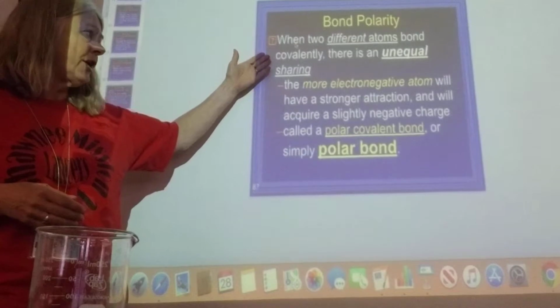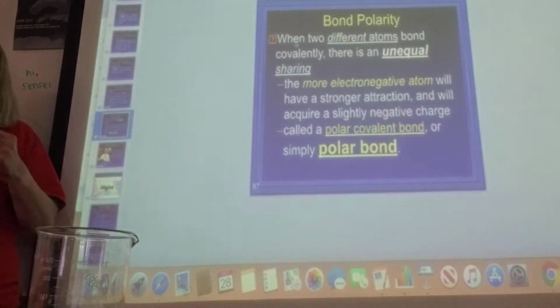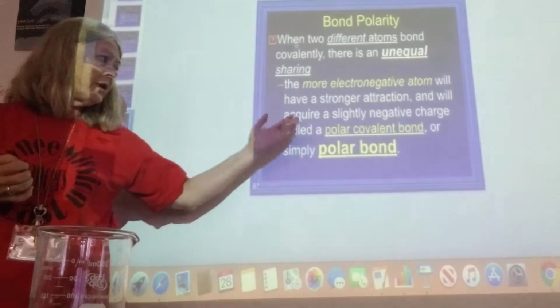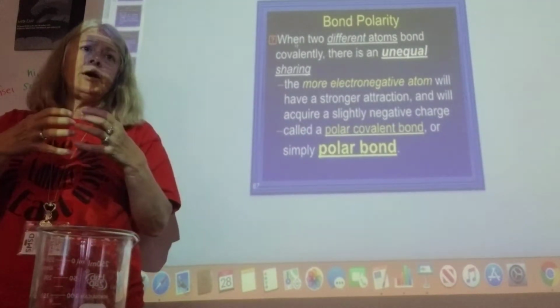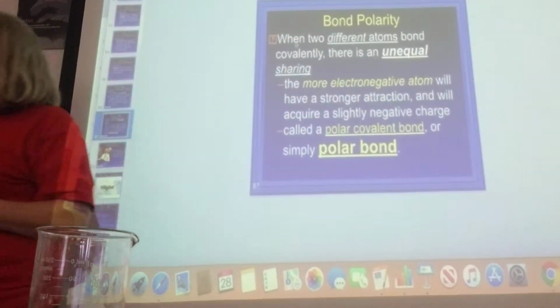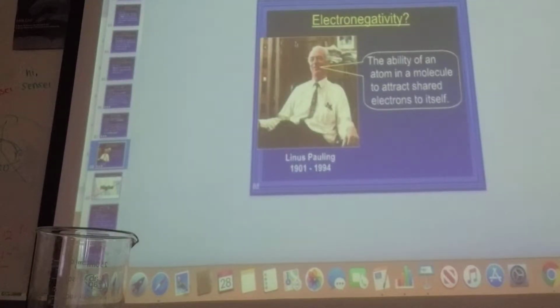The element that has the higher electronegativity pulls that shared pair closer, and it creates an area of electron deficiency and an area of electron surplus that gives us a partial positive and negative charge. And we call that a polar bond. Cute little Dr. Cotton slide.